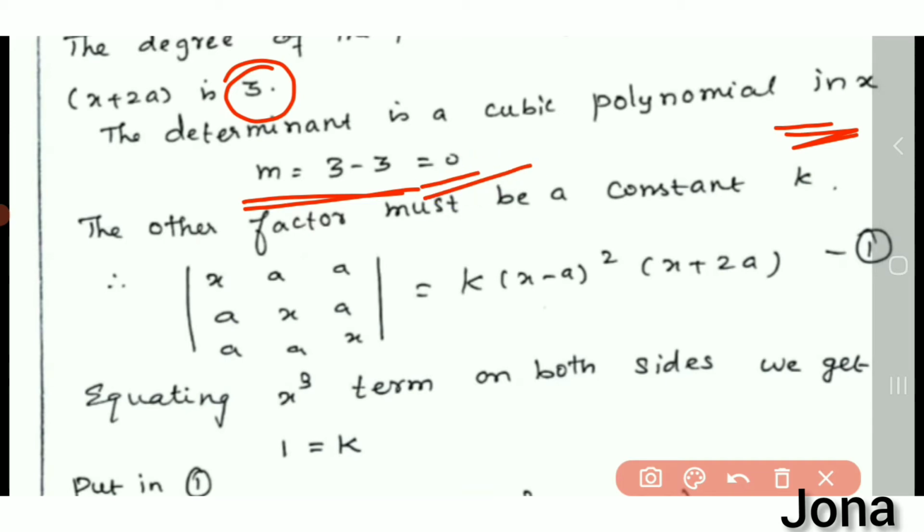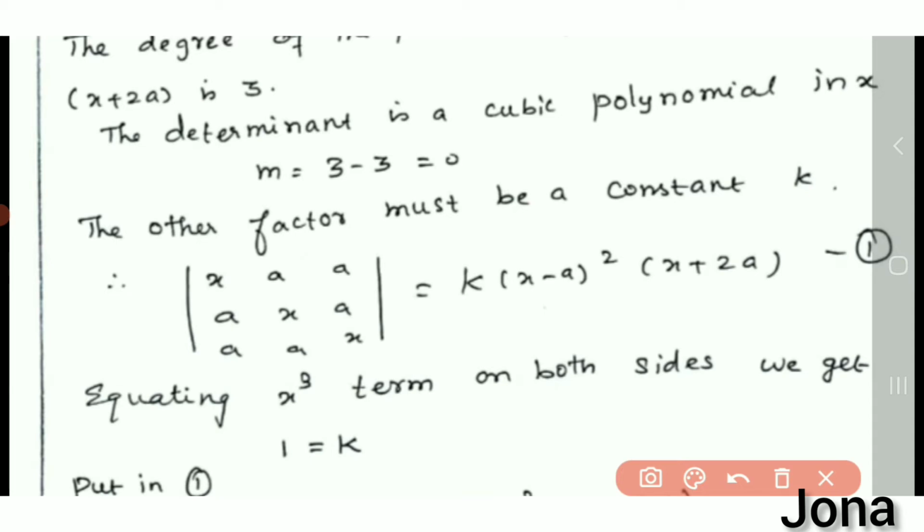We have some facts for determinants. If the m value is 0, the other factor must be a constant k. If m is 1, we have a separate form. If m is 2, we have a separate form. So 3 cases we have.